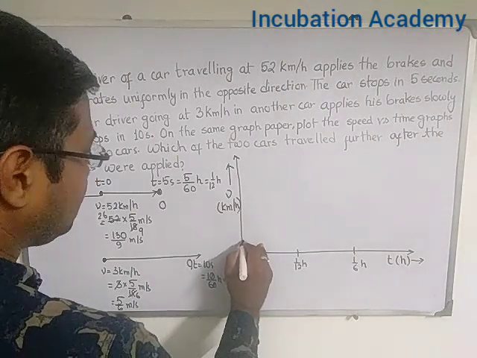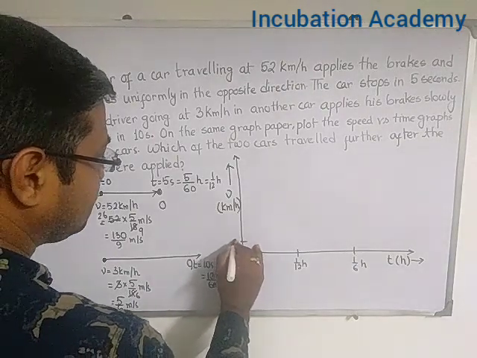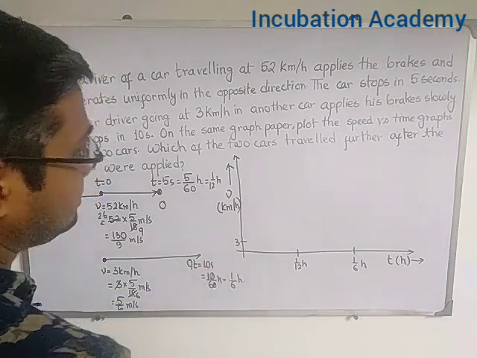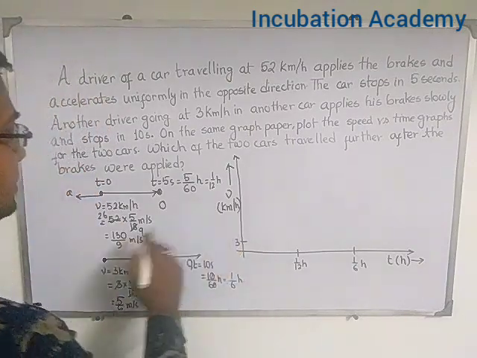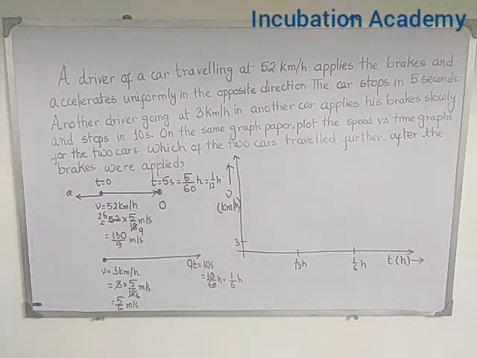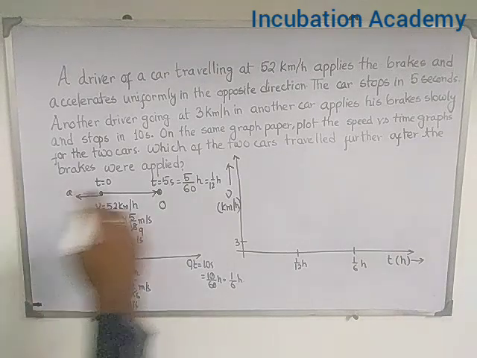If I say this thing is 3 kilometer per hour, then approximately 52 is 17 times larger than that, since 16 times 3 is 48 and 17 times 3 is 51.